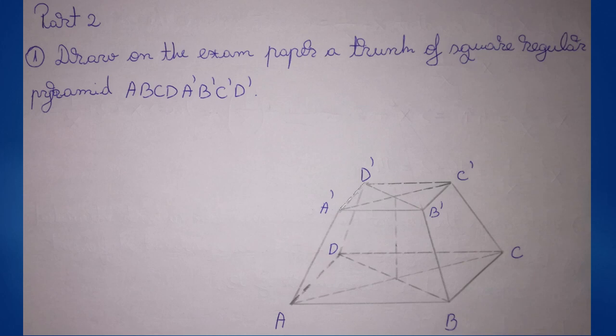First we draw a parallelogram which represents the base of the regular square pyramid from which the trunk comes. Then we draw the diagonals of the parallelogram, and from the center of the parallelogram, which is given by the intersection of the diagonals, we draw the height of the pyramid.